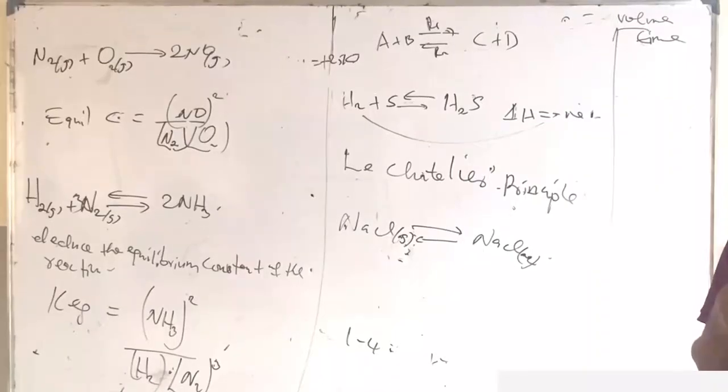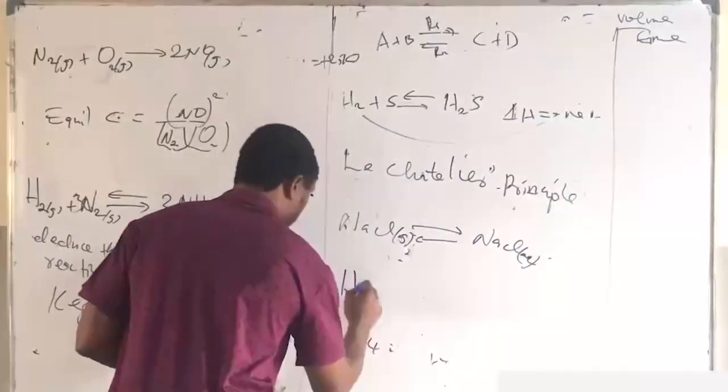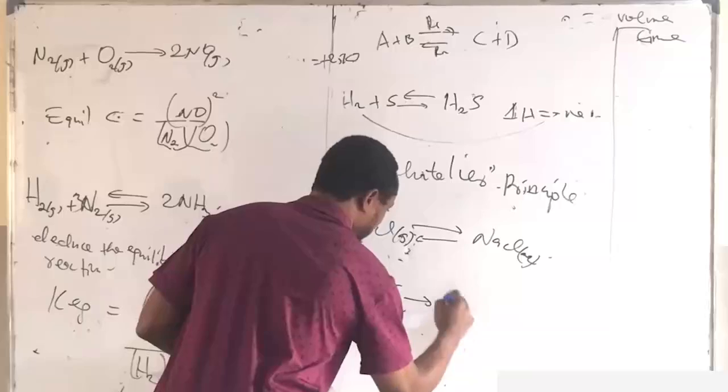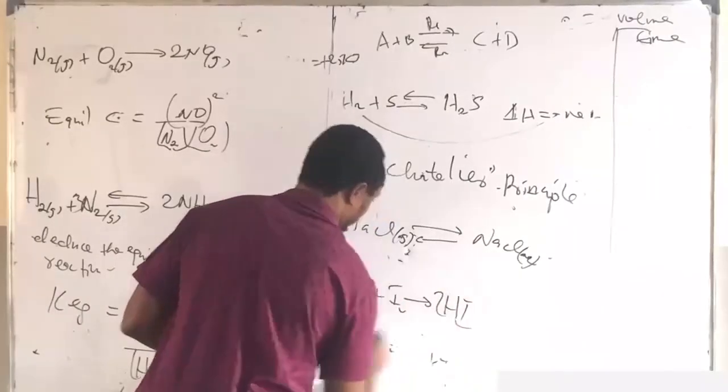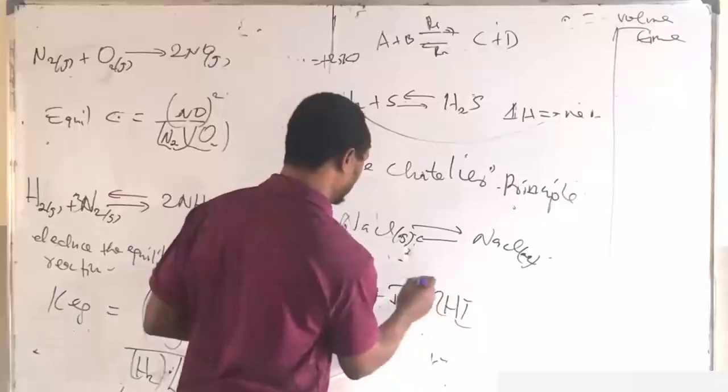Cl2 is gas, Na is solid. Number 2, H2 plus I2, hydrogen plus iodine give us what? HI. 2HI.